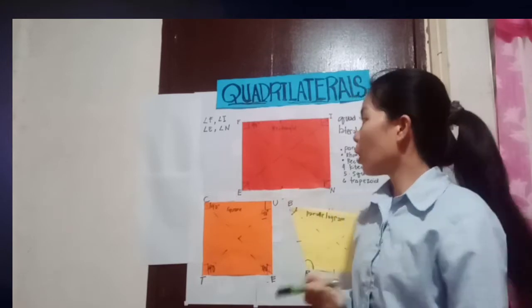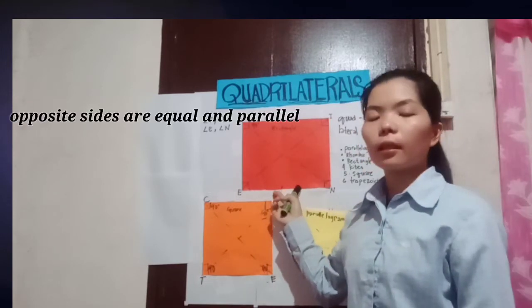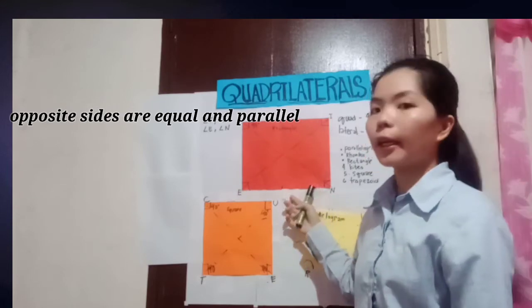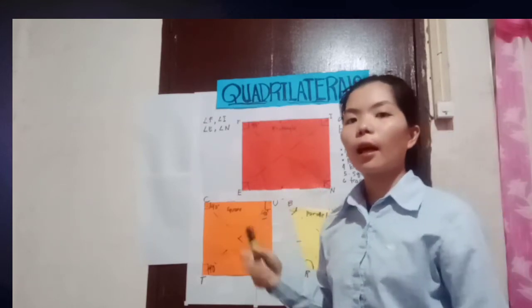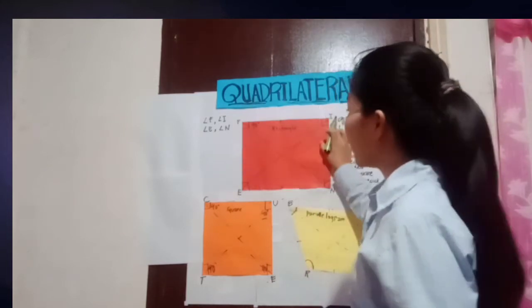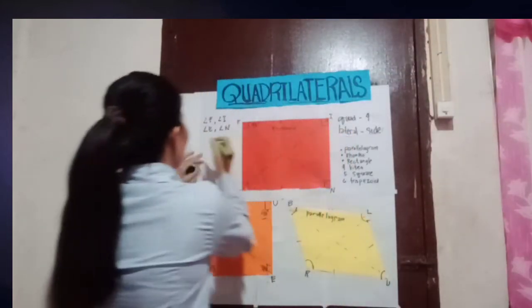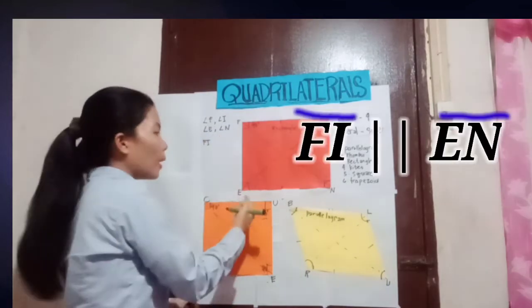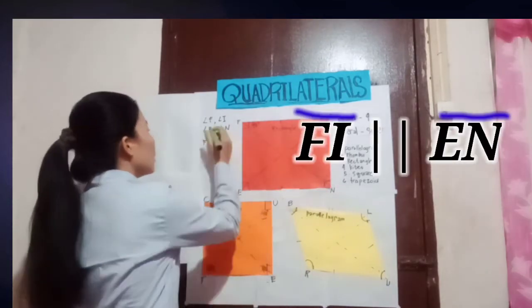Number 2 property of a rectangle: opposite sides of a rectangle are equal and parallel. For example, side FI is parallel to side EN.